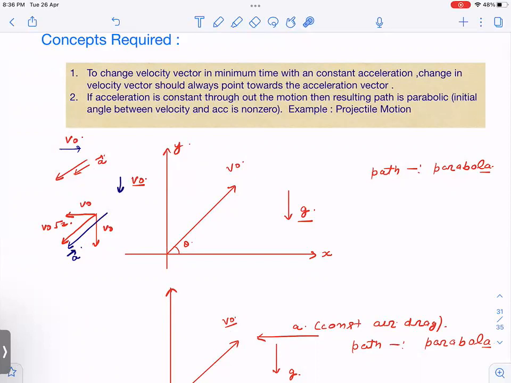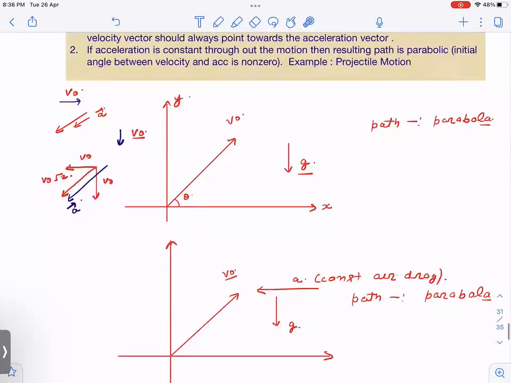And then the second point here is if acceleration is constant throughout the motion, then the resulting path is parabolic. This all of you know. Here there are two examples. One is that if the particle is thrown with a velocity v naught and it is under gravity, in vacuum, no air drag, then the path is a parabola.